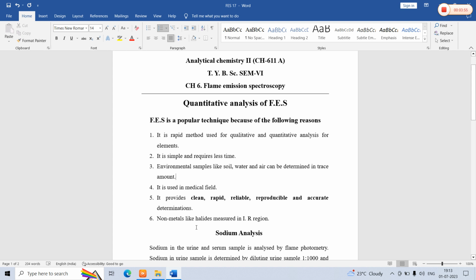The sixth point is that some non-metals like halides can be estimated by measuring the emitted intensity in the IR region. So these are the six basic reasons for the popularity of the technique, FES.